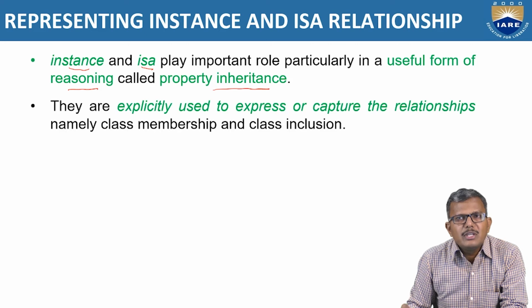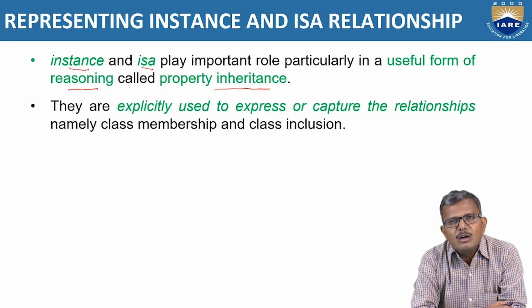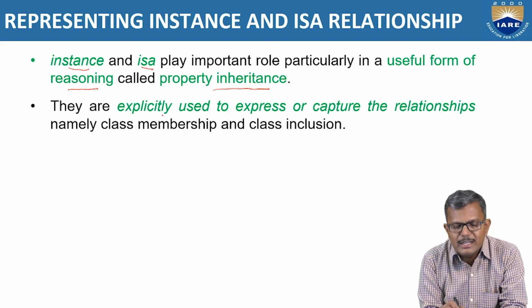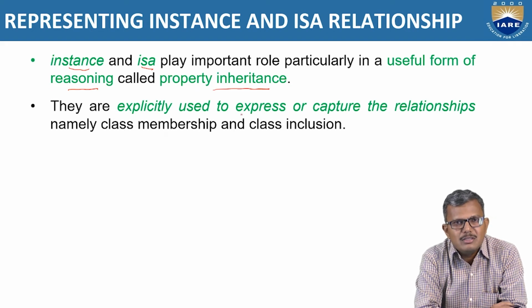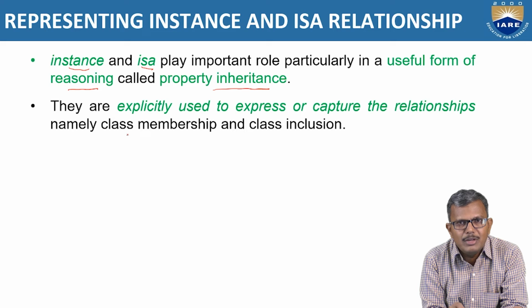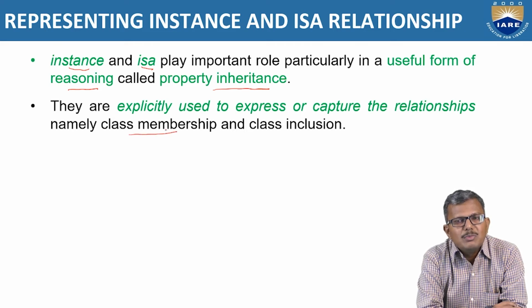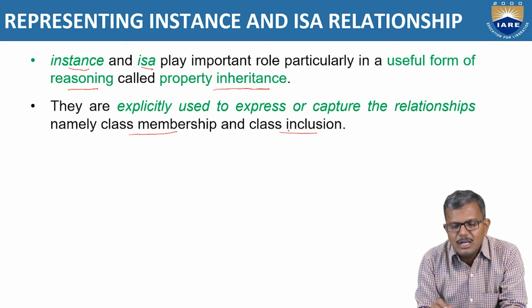Let us take an example and understand how instance and isa can be used. They are explicitly used to express or capture relationships, such as class membership or class inclusion.